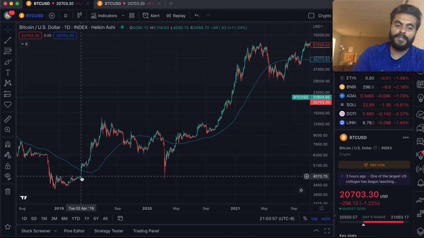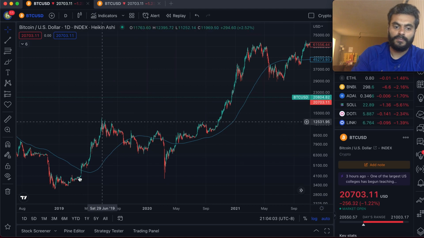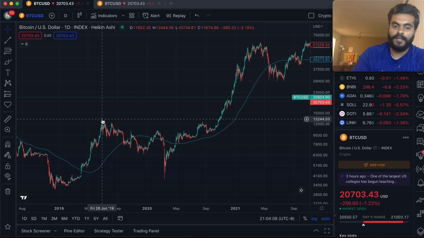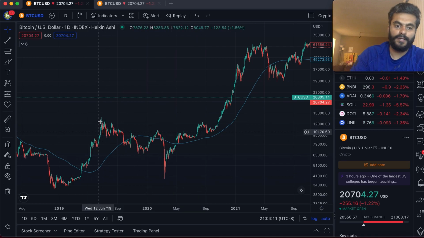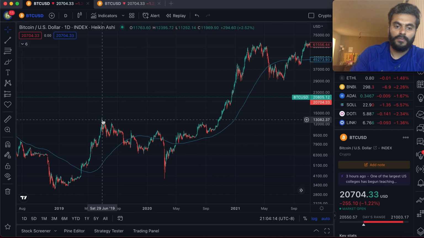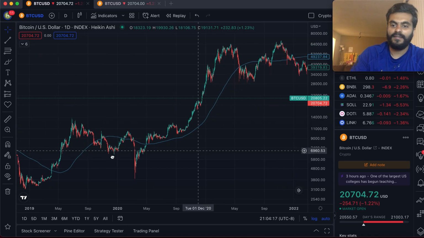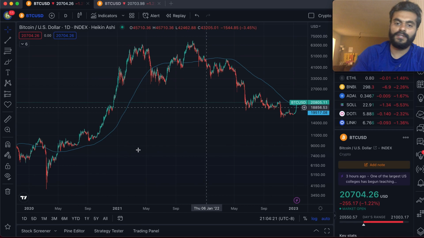So in April 2019, Bitcoin broke this resistance, and it went from 4,000 to almost 13,500. So a four and a half x move Bitcoin made in almost 2.5 months. So that's something that is interesting based on this indicator.